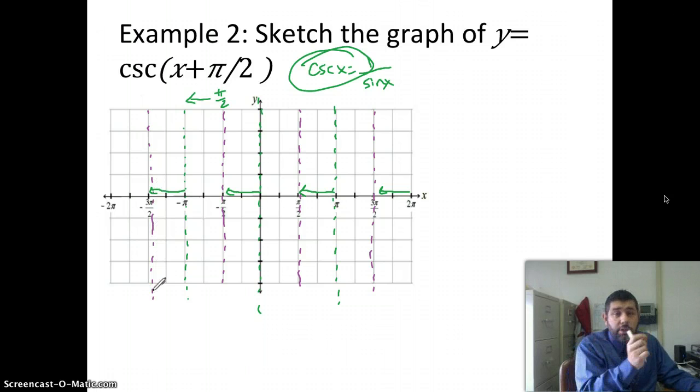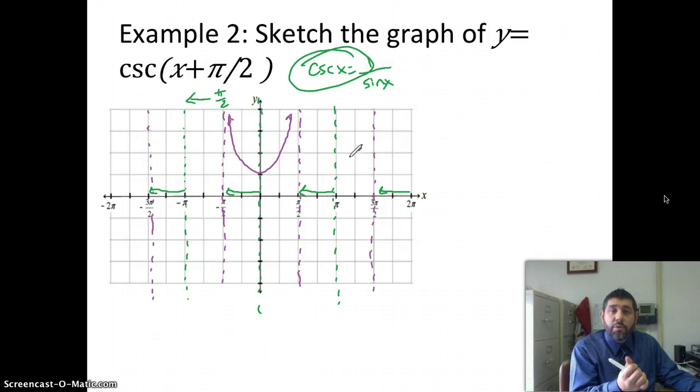You need to know if you're shifting to the left or the right, because originally my cosecant was going to be up this way. And I'm shifting that graph over to the left. So now I'm going to be up this way. Had I shifted to the right, then the curve on this side that shifts to the right would have been down here, and I would have started in the middle here with the down-facing parabola.